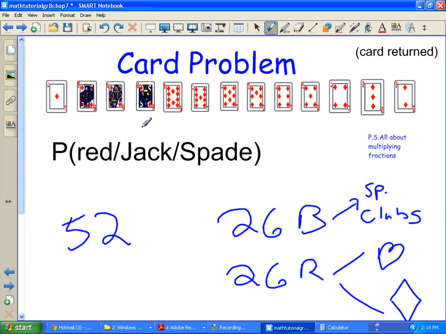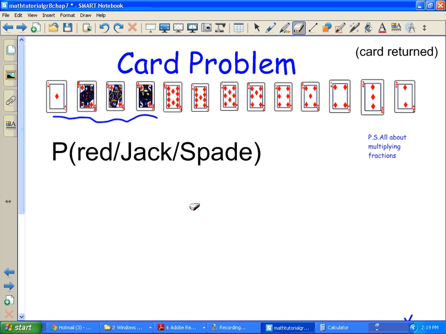Now in each suit, you have an ace, king, queen, and jack. They're called face cards. Of course, the rest of them are just regular cards: 10, 9, 8, 7, 6, 5, 4, 3, 2. So you have 13 cards per suit. In other words, 13 diamonds, 13 hearts, 13 clubs, and 13 spades. So it's pretty easy to use that knowledge to figure out mathematically some of the problems.